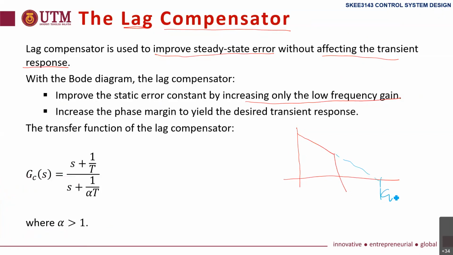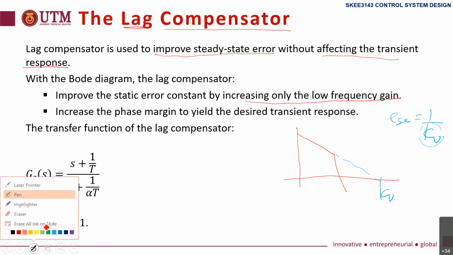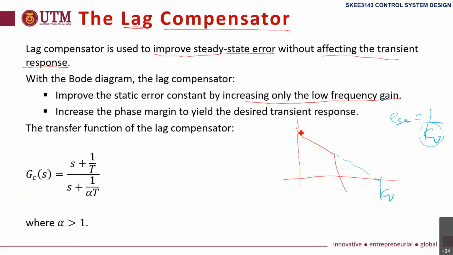this is KV. In order to achieve a better error, that means a lower error, we need to increase KV. So error equal to 1 over KV. We want to have a higher KV. How can we have a higher KV? We can achieve it by changing the magnitude at low frequency.